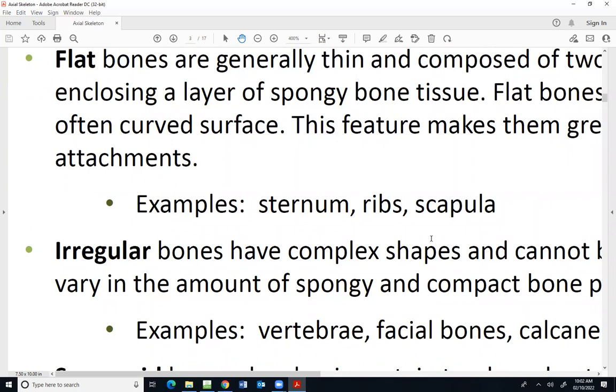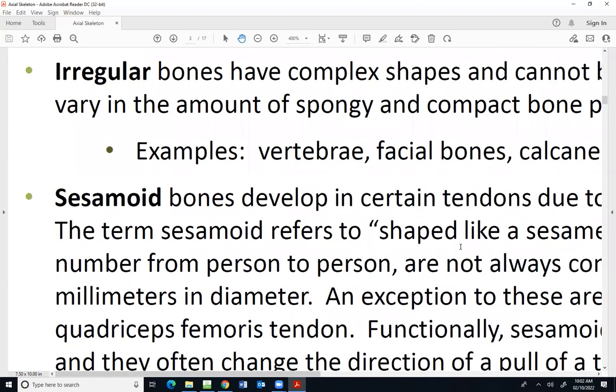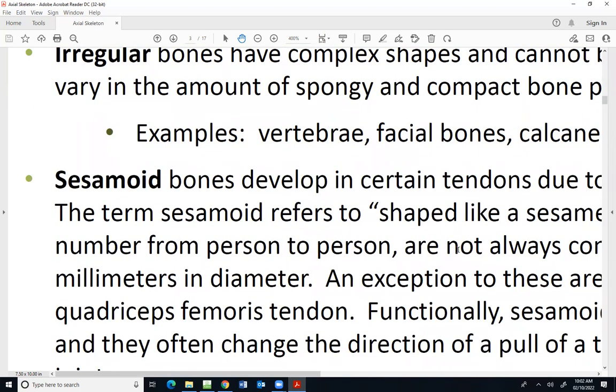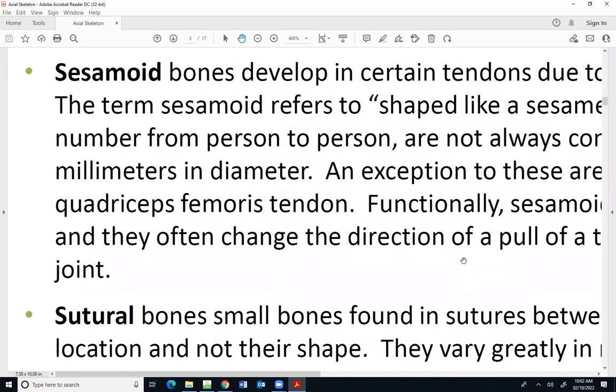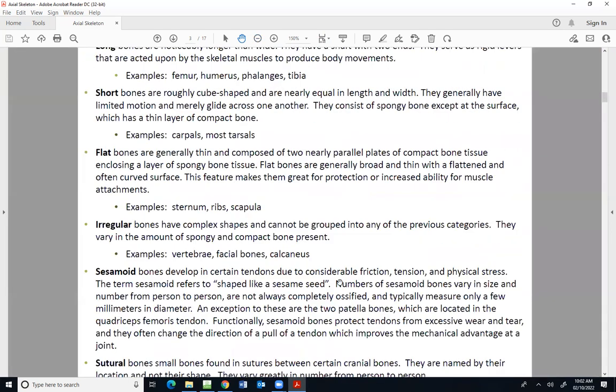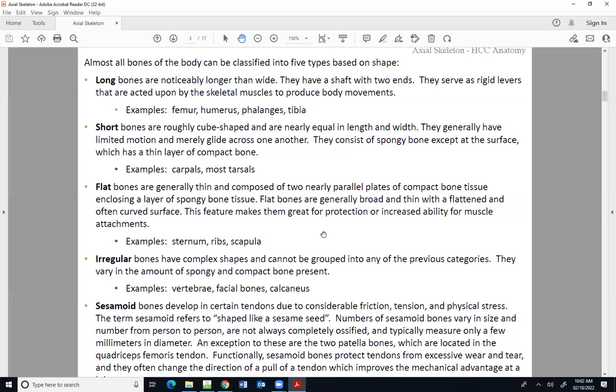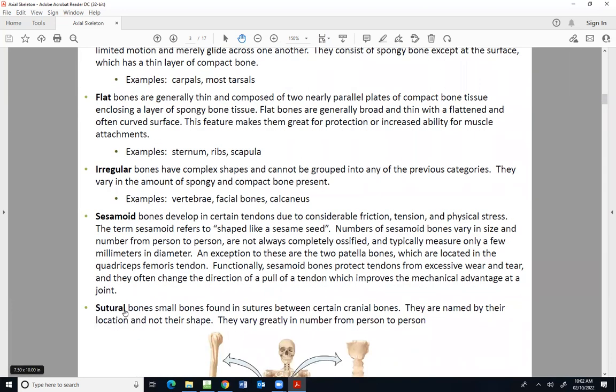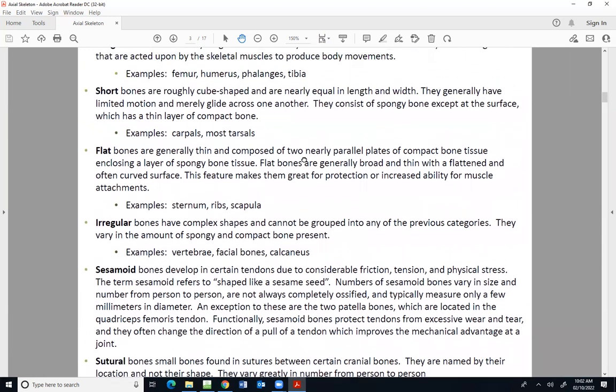But as you can see, there are other categories or types. Okay, there are 5 different types based on shape. We go 1, 2, 3, 4, 5, but there's a 6th. The sutural bones, that's not a shape. It's just named because they're associated with sutures. I'll get to that here in a second.